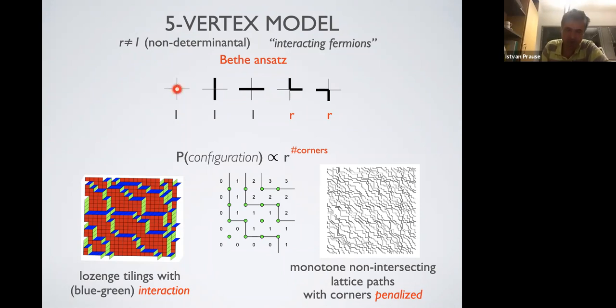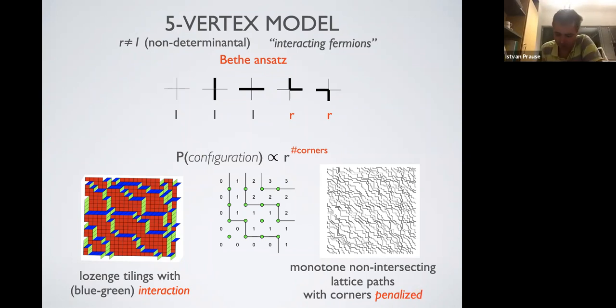There might be no path going through, or we go vertically, horizontally, or make a turn. In case we make a turn, we assign a non-trivial weight r. In other cases, just 1. This is the Boltzmann weight type. So for a given configuration, we have to count how many turns we see in the picture, and take r to that power, and then the configuration probability will be proportional to that weight.